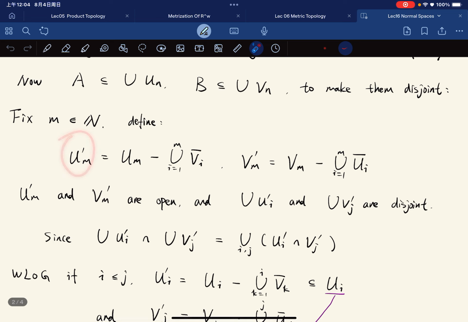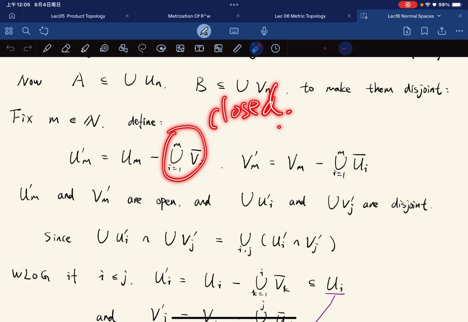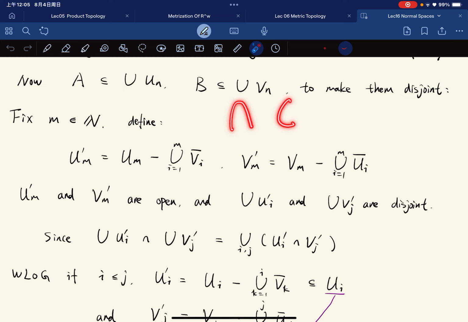They are open, right? Because why? Because this is a closed set. Subtracting a closed set is basically intersecting with the complement of a closed set, which is an open set. So U prime m and V prime m are open.